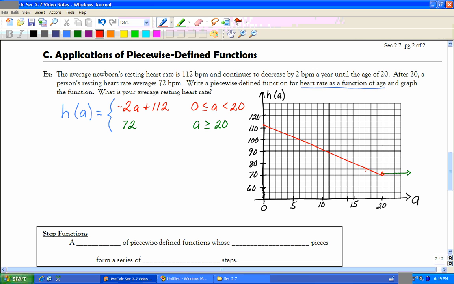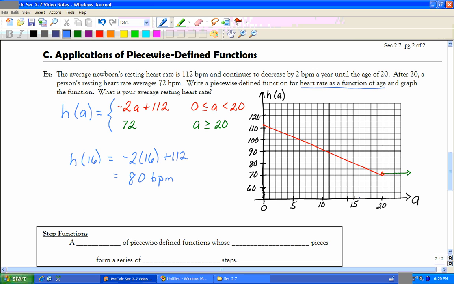Now, you can use both the graph and the function to figure out your average resting heart rate based on your age. So I'm just going to pick a number of 16. And no, I'm not 16, but let's try it anyway. So h of 16, well, 16 is in the domain of our first equation, so we're going to use that one. So negative 2 times 16 plus 112, and if you solve that, you end up with 80 beats per minute.